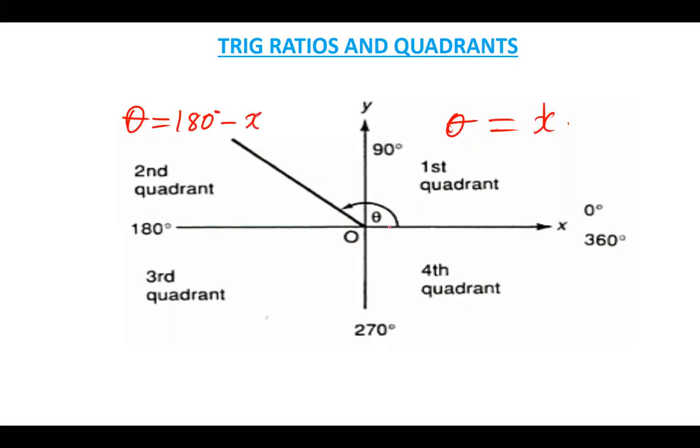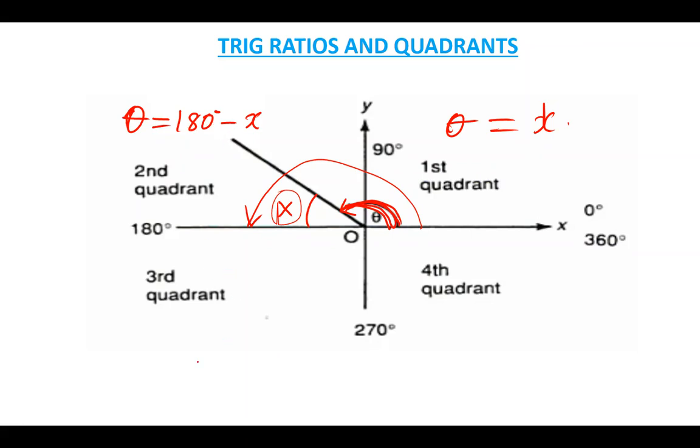So in other words, we're trying to find this theta. The answer that you've just gotten after solving the equation is this x. So to find this theta, we say 180 degrees minus x, and we remain with theta there. So you can just master this: in the second quadrant, you always find theta by subtracting x, the answer you've gotten, from 180.